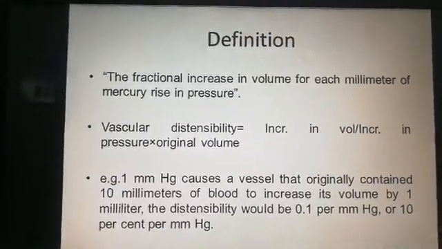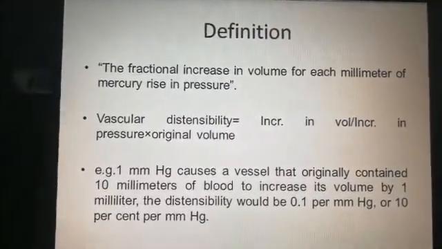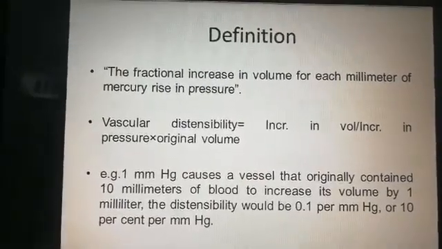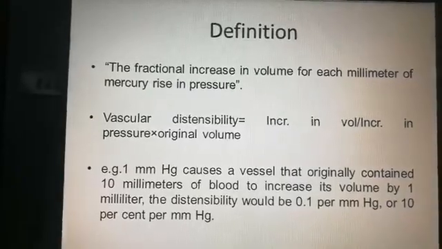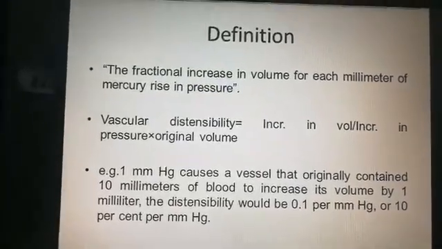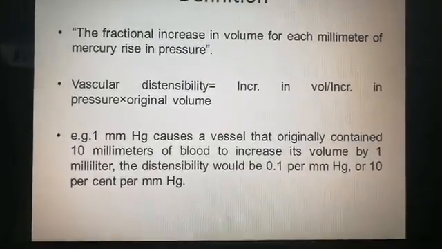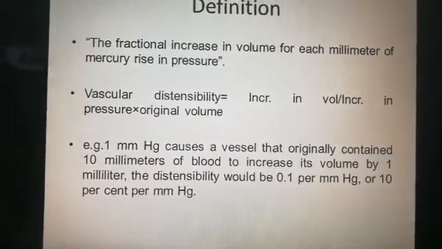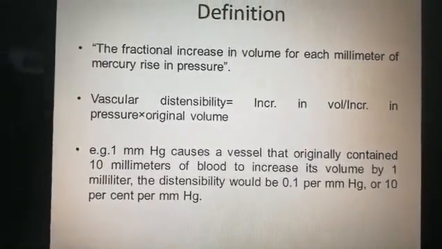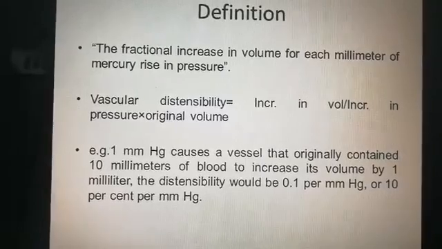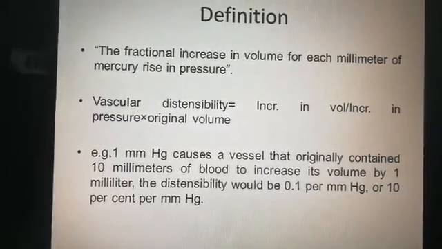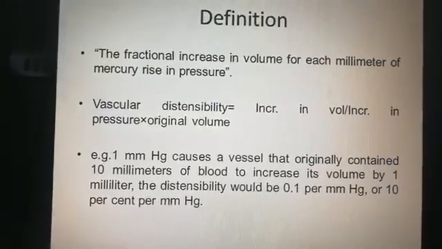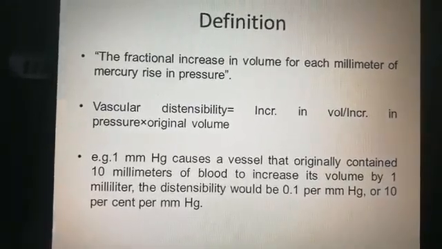When you write 1 over 10 in decimal, you can write it as 0.1 per millimeter of mercury, or 10% if you write it in percent, because in percent you multiply by 100.